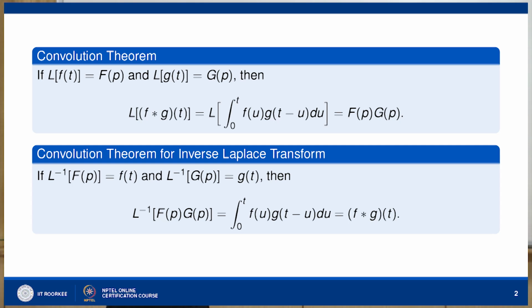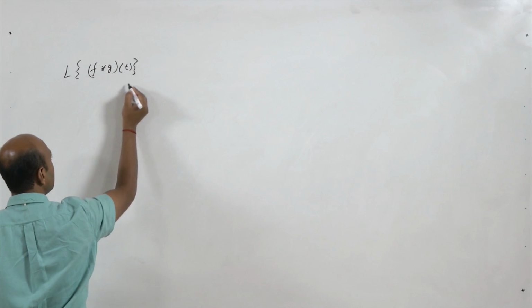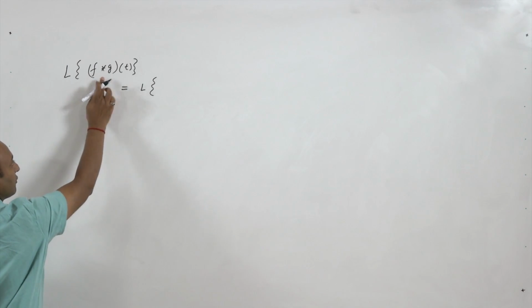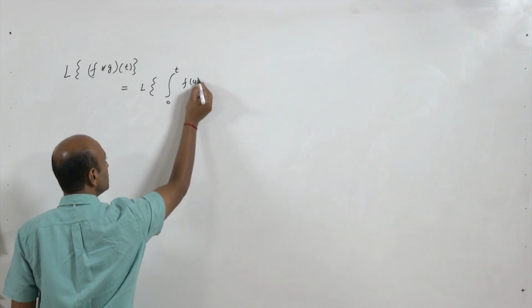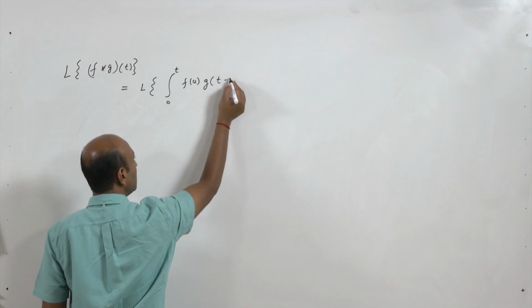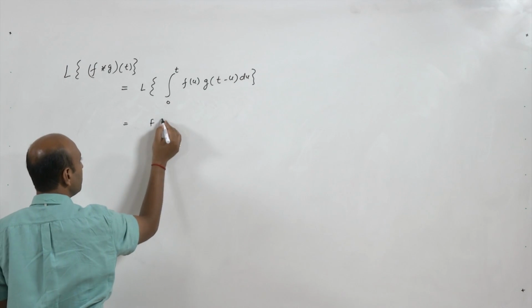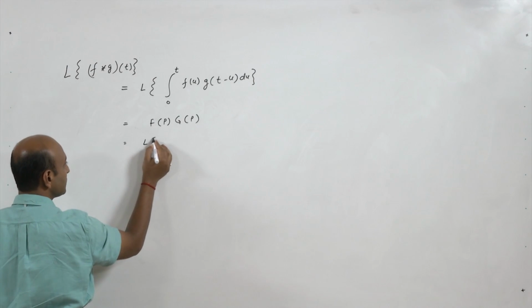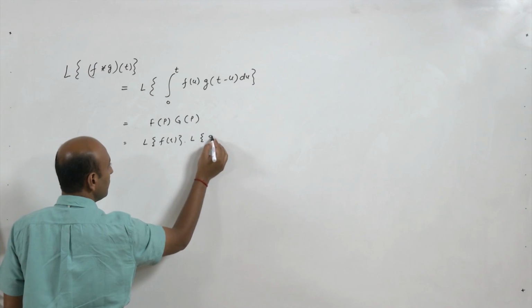The convolution theorem basically states that the Laplace of f star g, which is the convolution of two functions f and g, is equal to the Laplace of the integral from 0 to t of f(u) g(t minus u) du, which equals F(p) into G(p). Here F(p) is the Laplace transform of f(t) and G(p) is the Laplace transform of g(t).